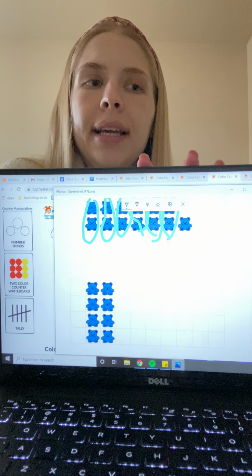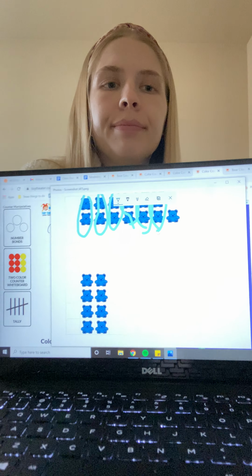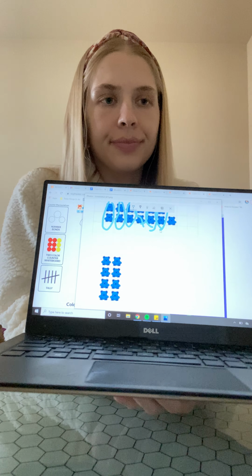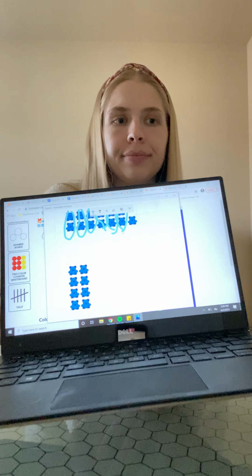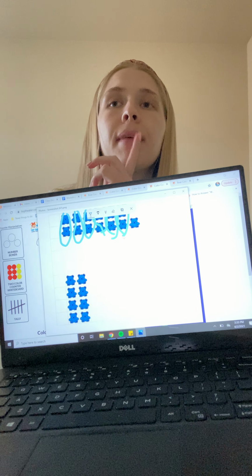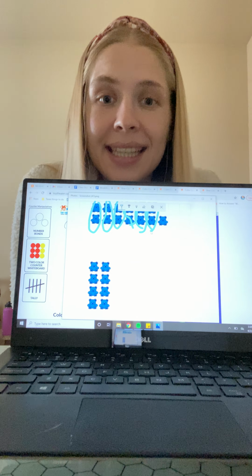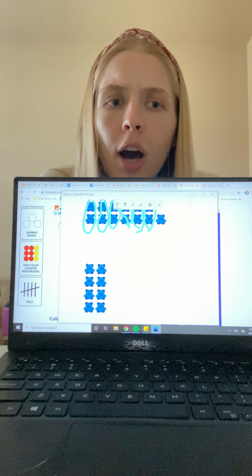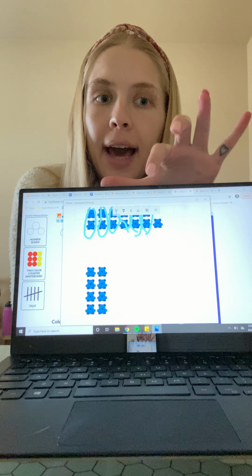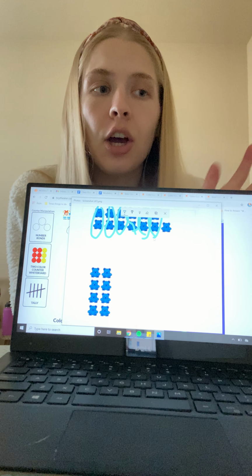Now, can somebody raise your hand and tell me if you think this number here would be even or odd? And this number, we counted them up and we know that it's 13. All right, yes, can you tell me? Yes, that is correct. We know it's odd because we made our pairs, but we have a remainder. We have one bear who does not have a pair, so we know this is an odd number.